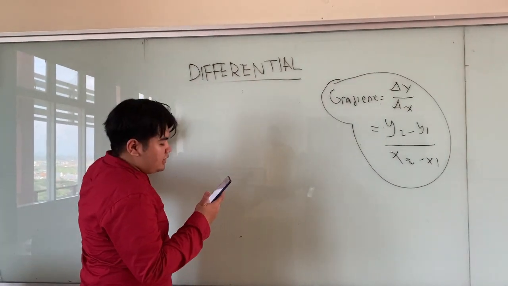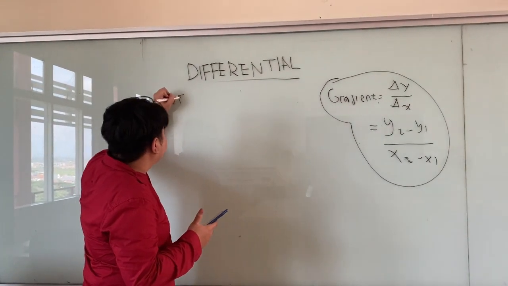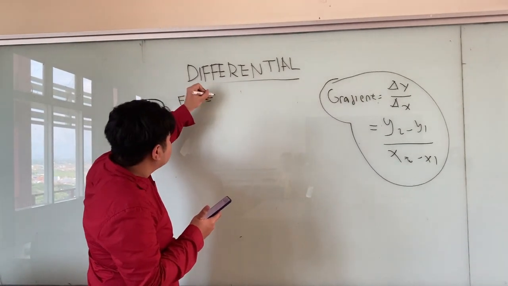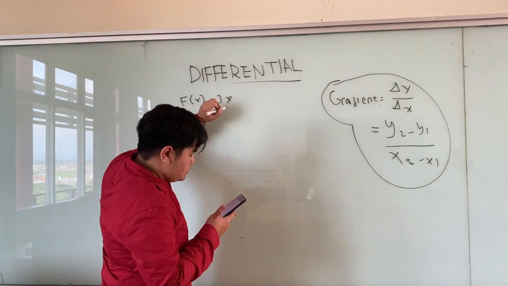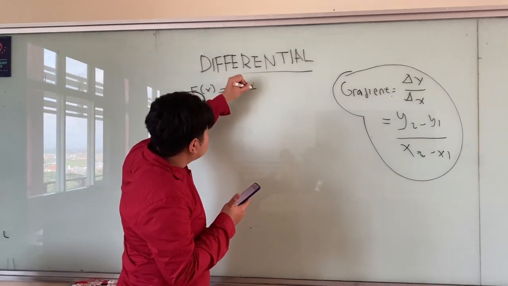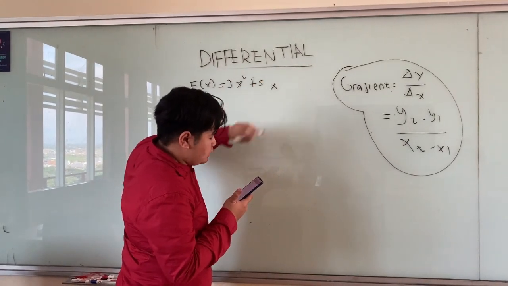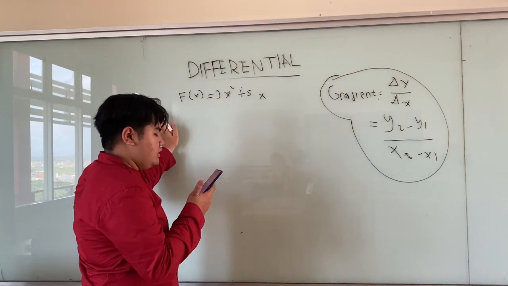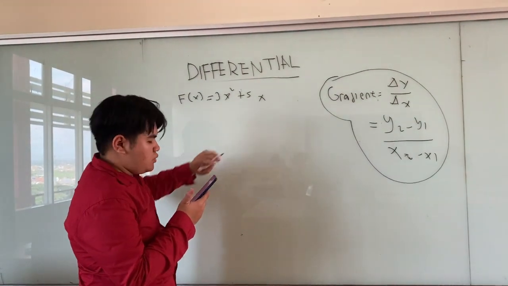So I have another example. If I have f(x) equal to 3x power 2 plus 5x, to derive it the power is multiplied to the front and then minus 1.